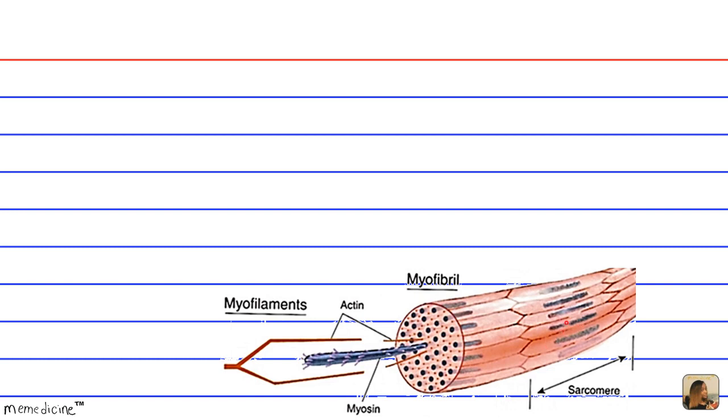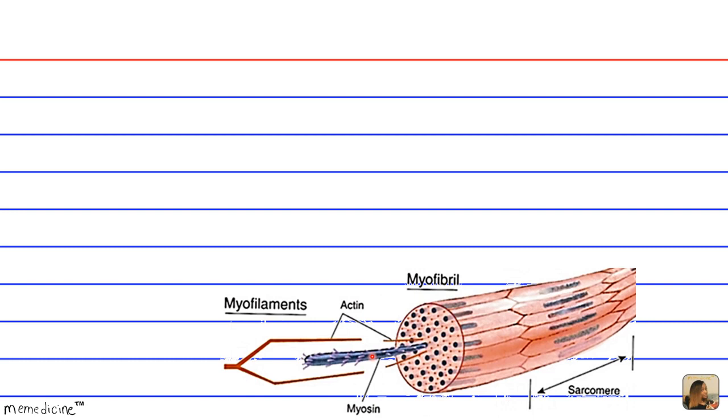Okay. So sarcomeres are the structures of myofibrils, and sarcomeres are constituted by myofilaments, which are composed of actin and myosin, or thin filaments and thick filaments.